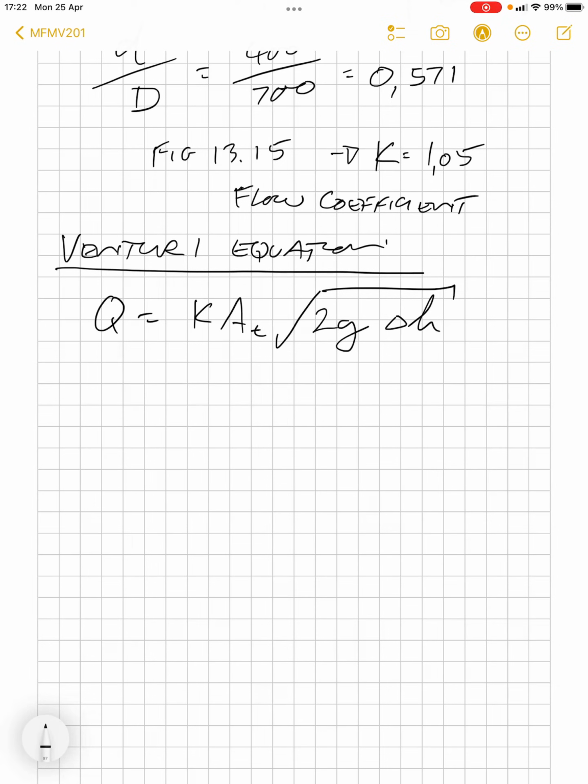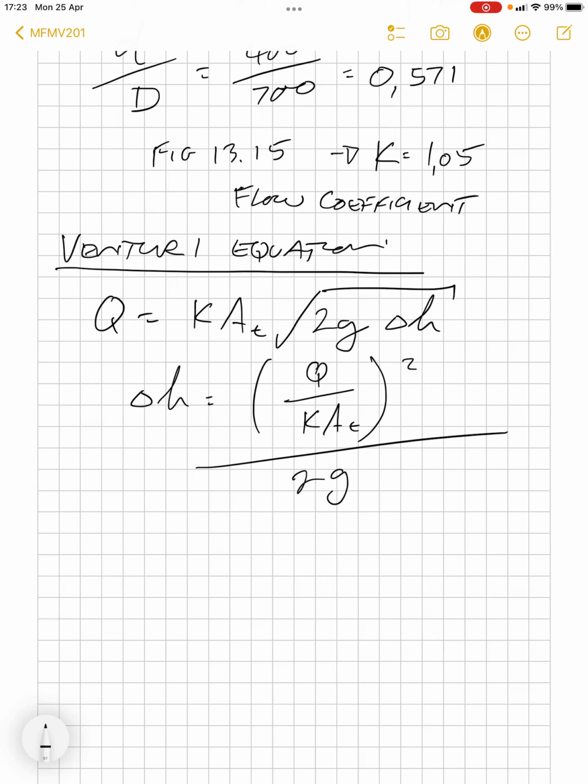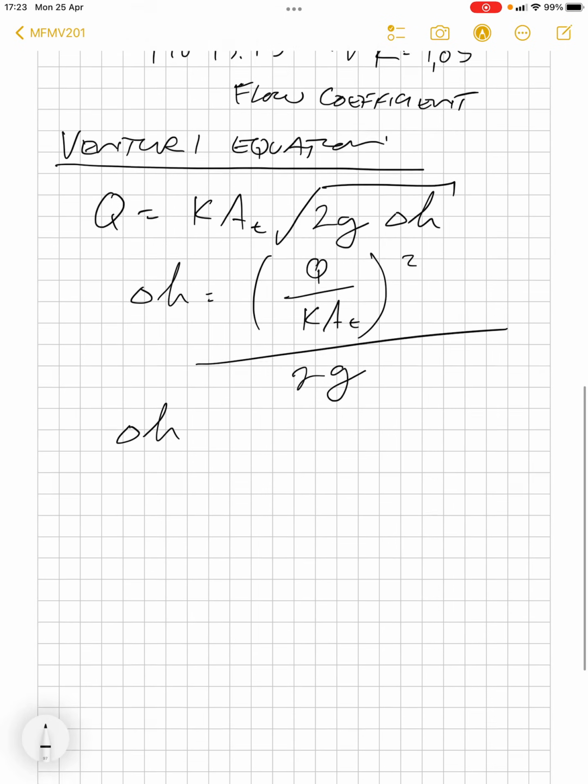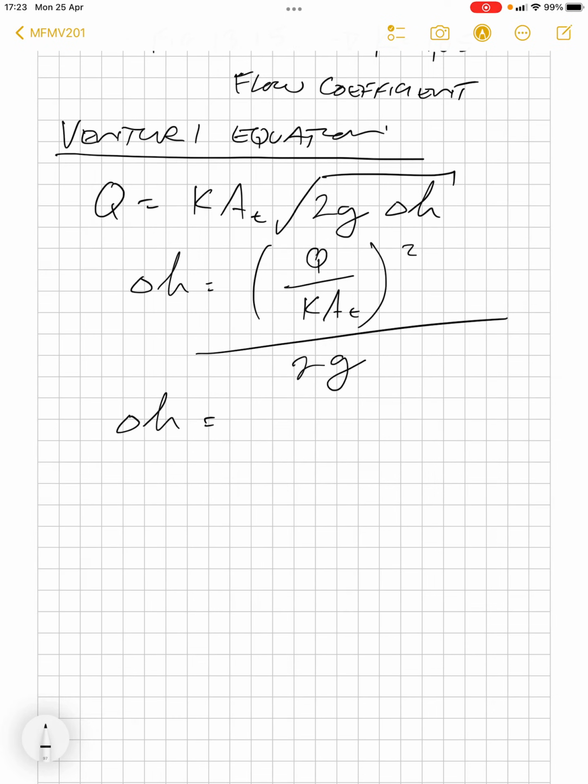So we have to make delta H the subject of the formula. In other words, what is the head difference in pressure between the pipe and the throat? So let's take delta H to the front of the formula. That becomes Q over K A_T, squared. We divide that all by 2g.